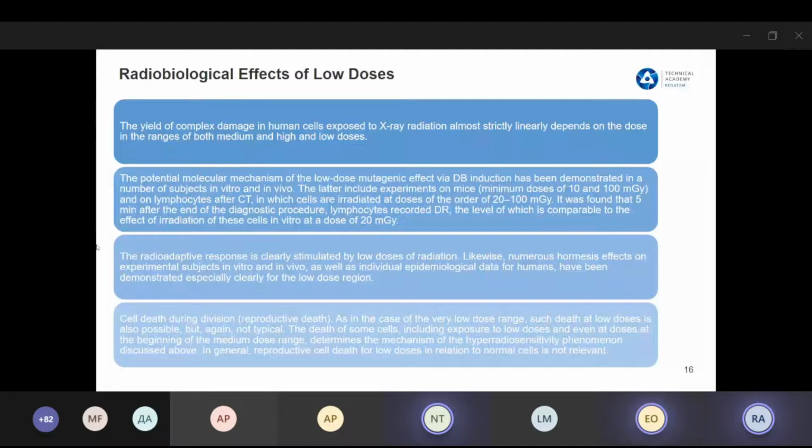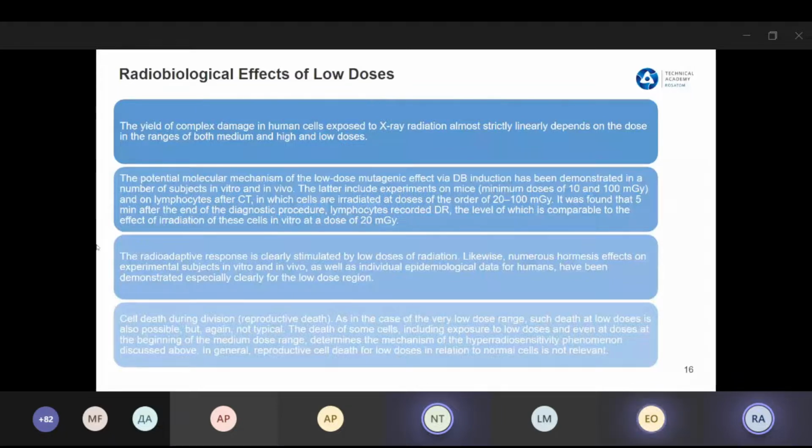Cell death during divisions, reproductive death. As in the case of the very low dose range, such death at low doses is also possible, but again not typical.